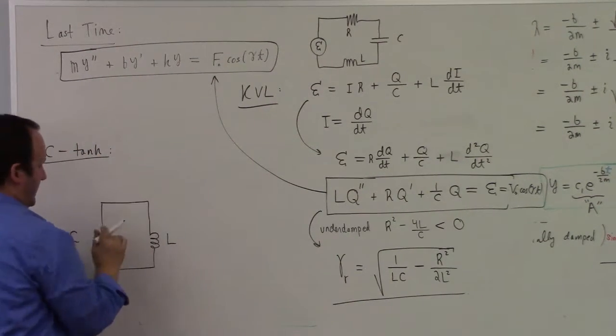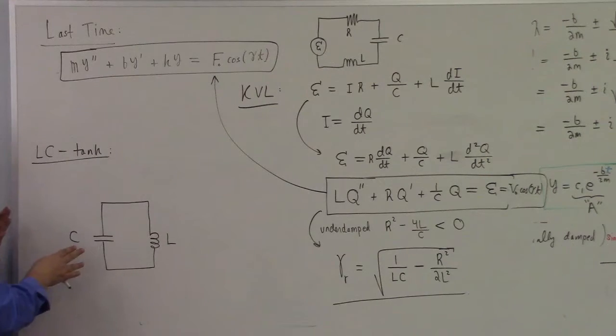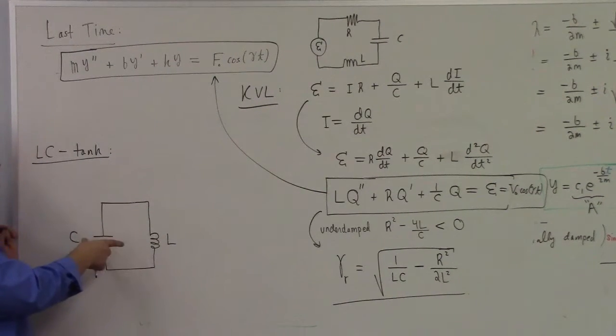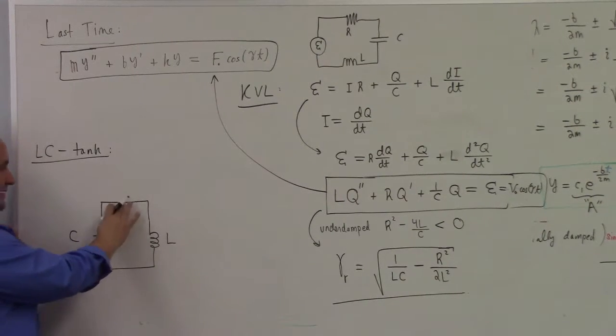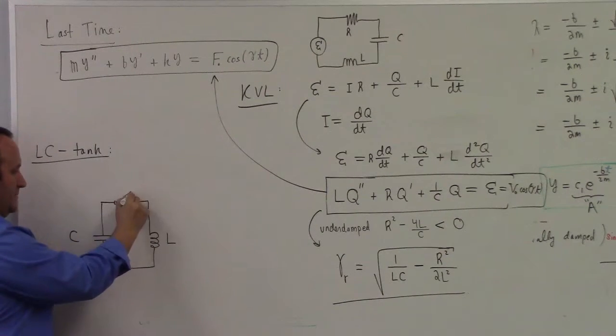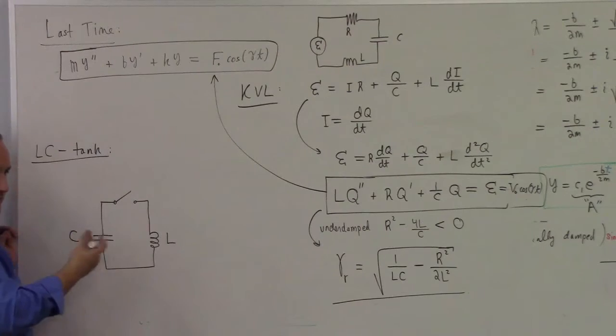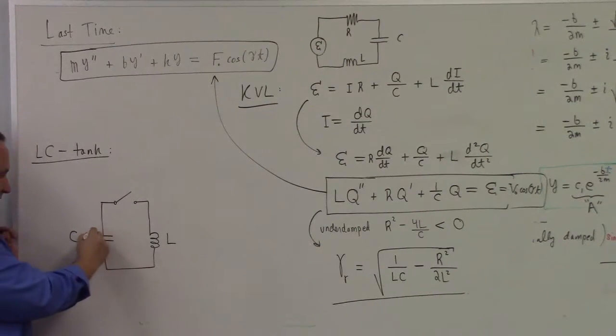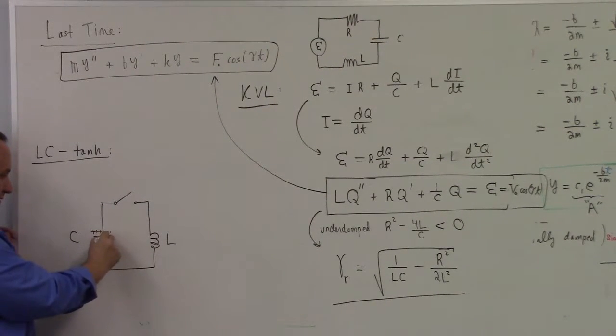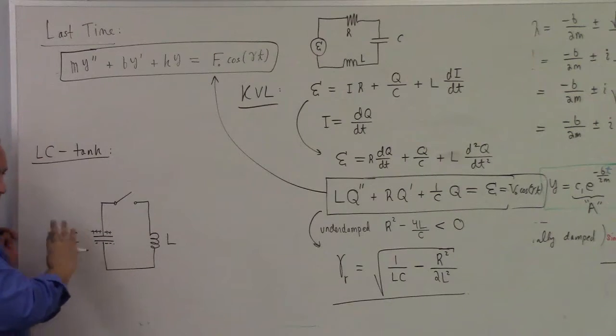And to make this fun, we should imagine bringing in a 9-volt battery or whatever, and you charge the capacitor up. Suppose you open the switch. You charge the plates up.